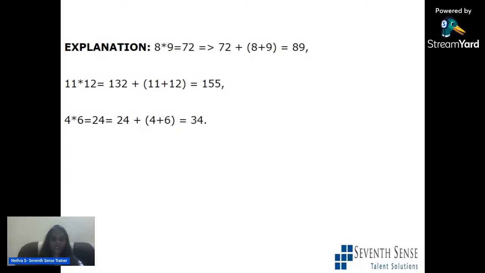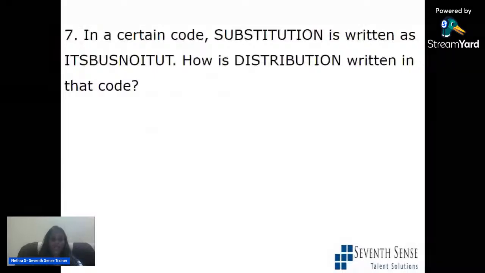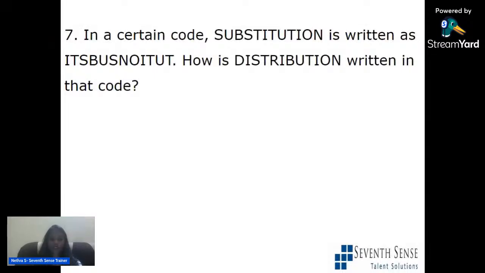I hope everyone understood this logic. Fine. We move to the next question. In a code, substitution is written as ITSUTITSNO ITUB. How is distribution written in code? So you can see substitution is coded in one way. Considering its logic, how can you code distribution?